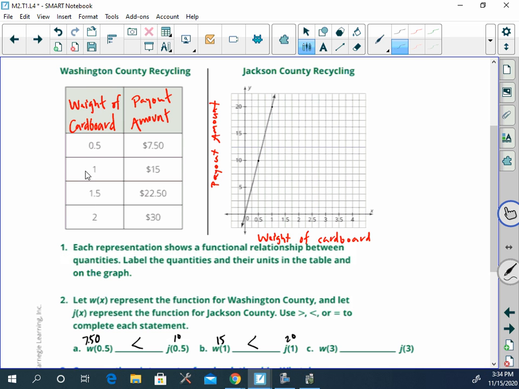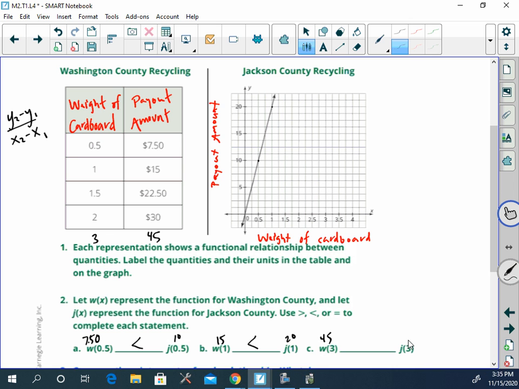But if we're going from 1 to 2, we can see here that the slope is 15. You could do slope like we did earlier, change in y over change in x, and we would see that our slope is 15. So it's going up by 15 each time. So if we got to 3, it would be 45.